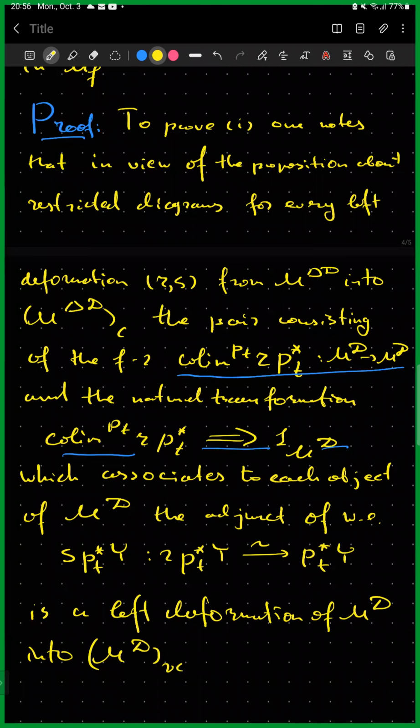So we've constructed the desired deformation.